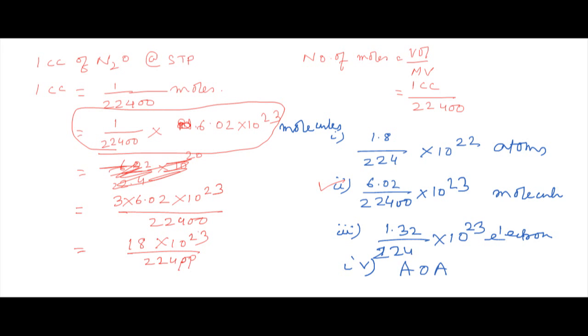So I cancel out some zeros over here again. So it becomes 18 into 10 to the power 21 divided by 2 to 4. So it becomes 1.8 into 10 to the power 20 divided by 2 to 4. So it matches with number 1 that has been given.